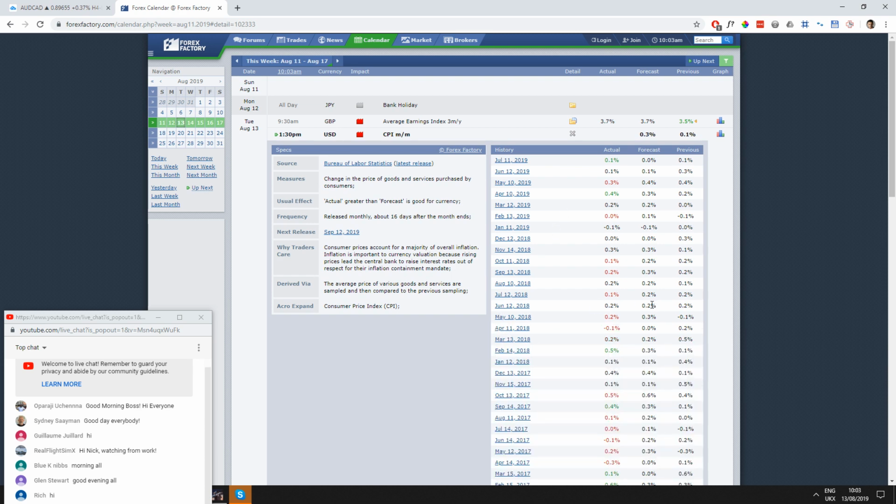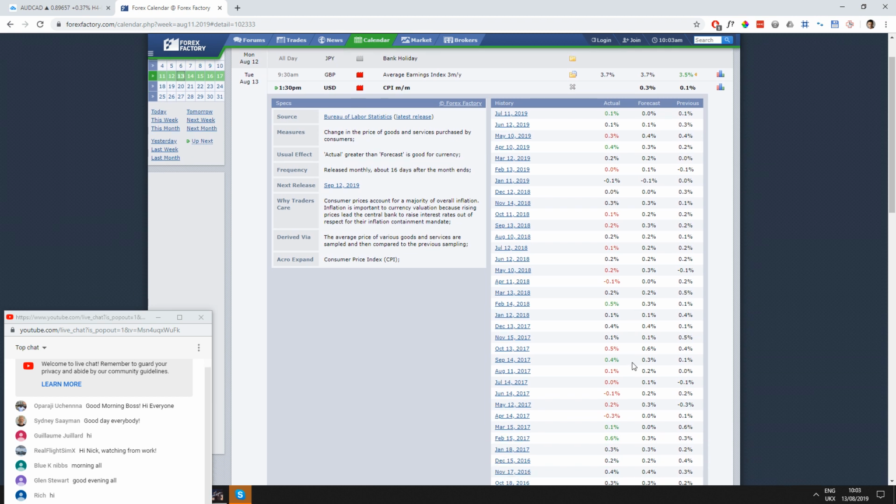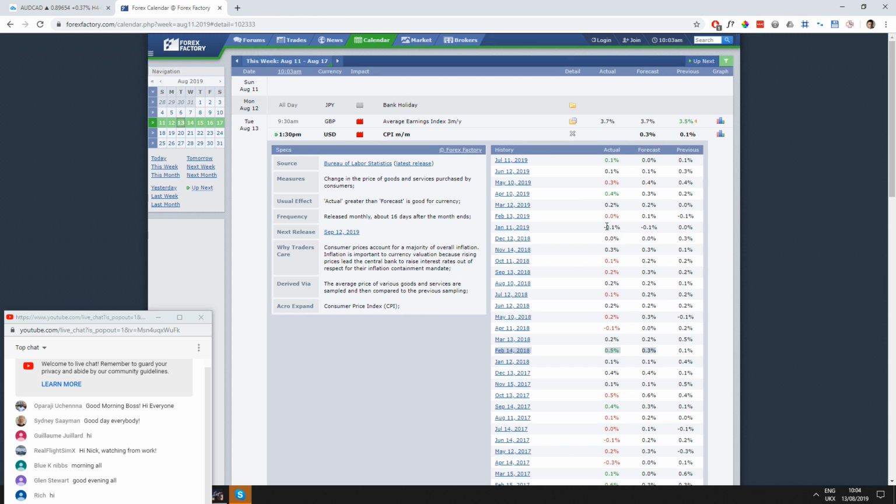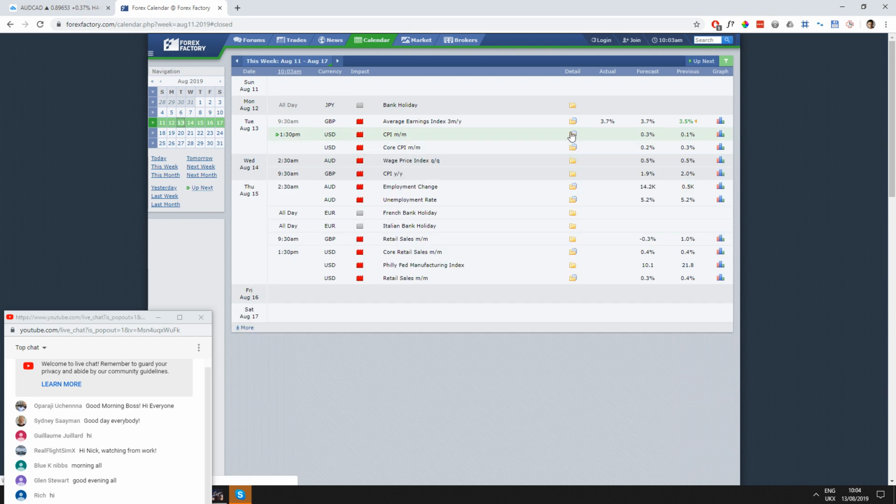I'm struggling to find one that's over. There we go. This one was 0.2% better. But I think that's the first one in over a year that deviated more than 0.1%. So my point is, these CPI numbers, they tend to be pretty accurate to forecast. So you don't tend to see that much impact. So I'm not too worried about this one that's coming out at 1:30 p.m. today, which is in 3.5 hours.